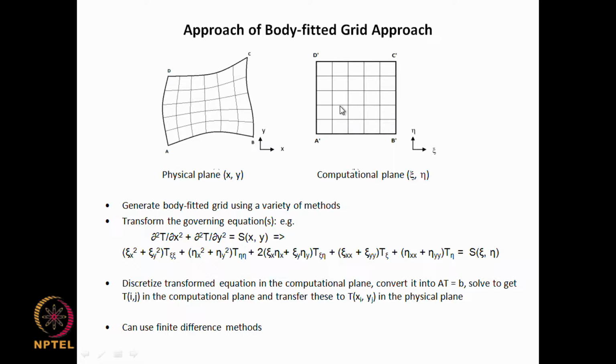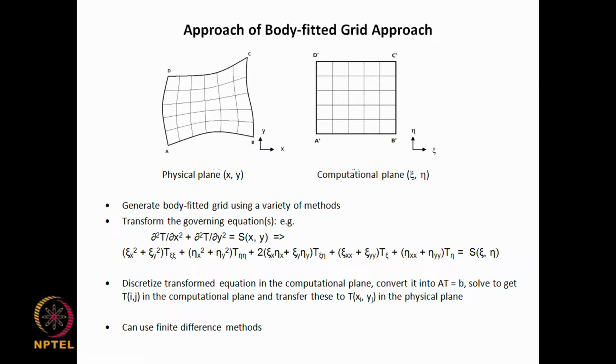For every grid point in the computational plane, there is a corresponding grid point in the physical plane. So that means that we get the values at points which are distributed throughout the physical computational domain, and that is how we work with the body fitted grid approach.